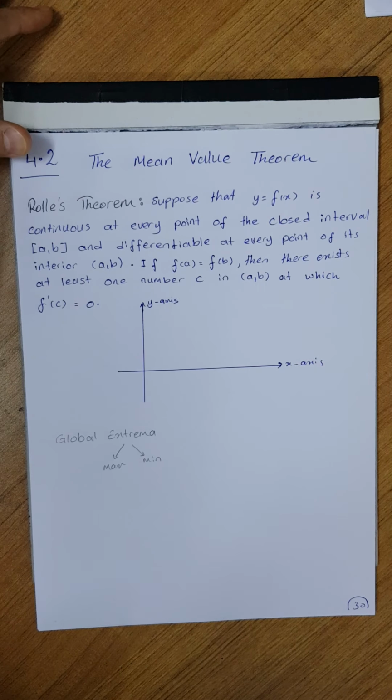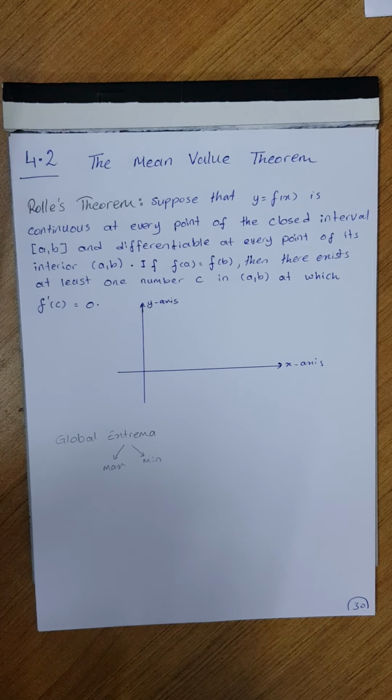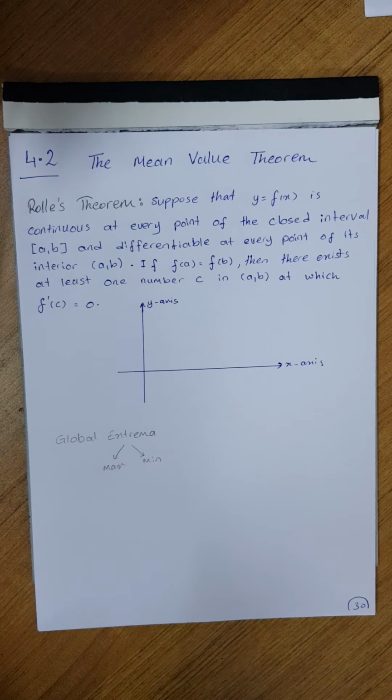We had a procedure: we were finding the critical numbers of the function, then inputting the critical numbers with the endpoints of the interval into the original function. We were taking the greatest value and the smallest value, and we could get the maximum and minimum values, or global extrema, for the function that we had.